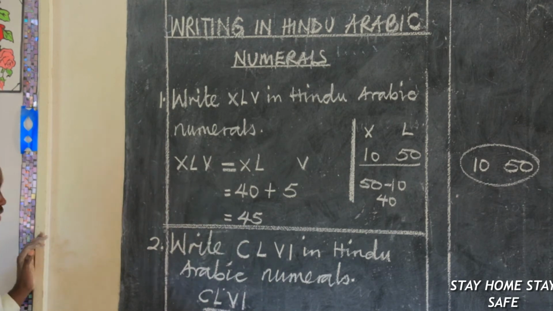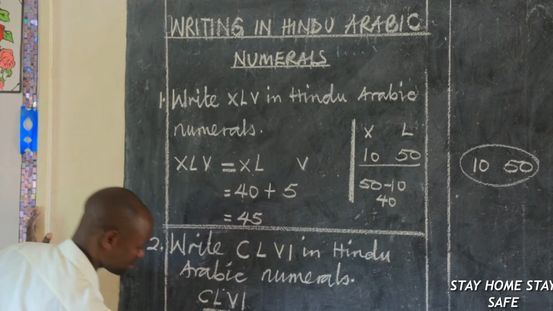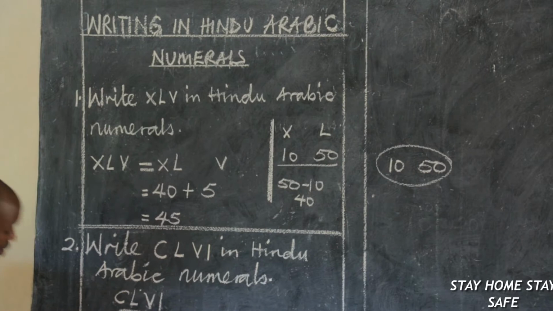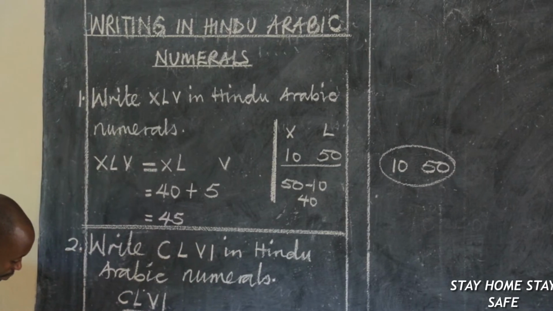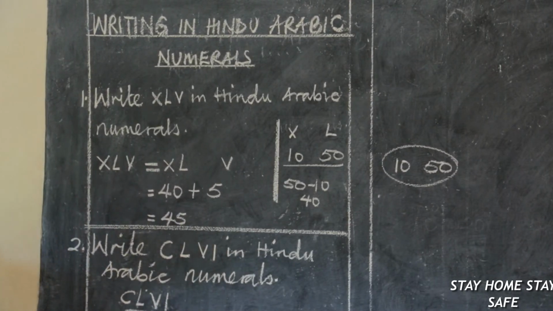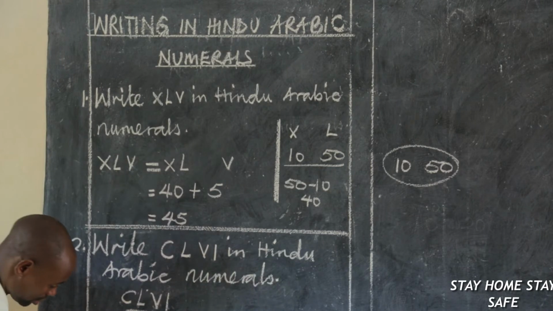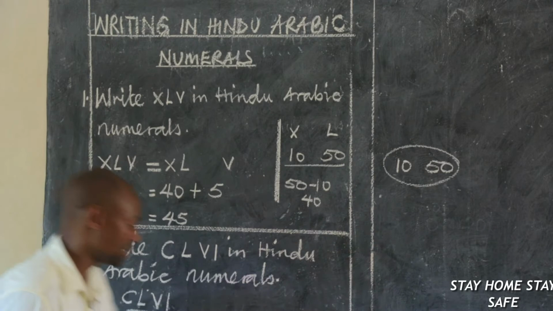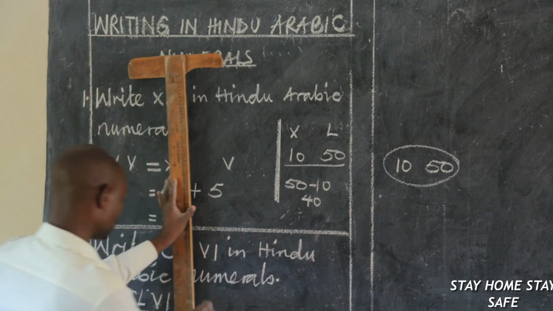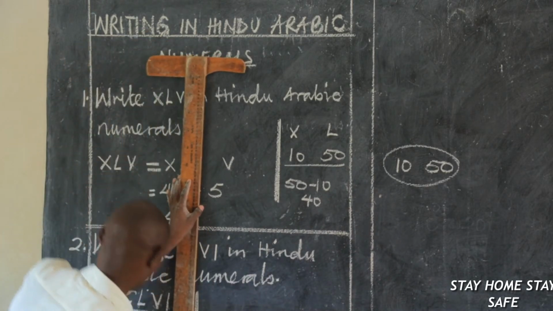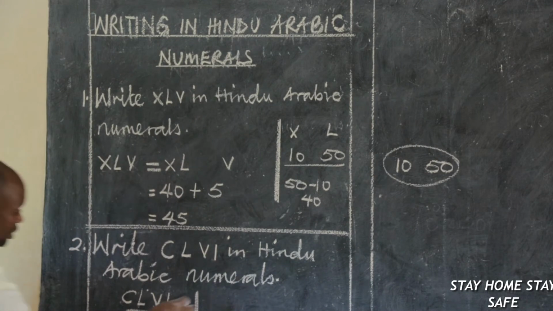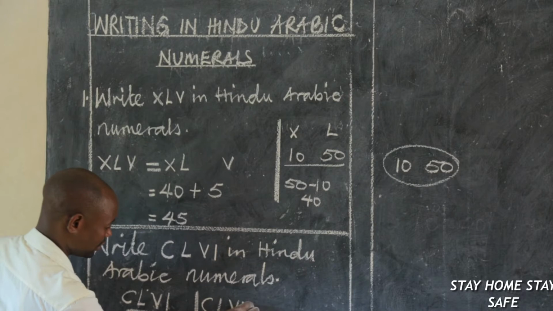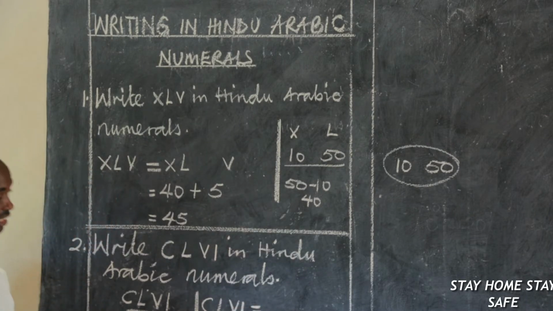So this one is going to give me 100. This one is going to give me 50. And this one is going to give me 5. And this one is going to give me 1. Okay? Having got that one, C, L, V, I will give me, you add these ones.